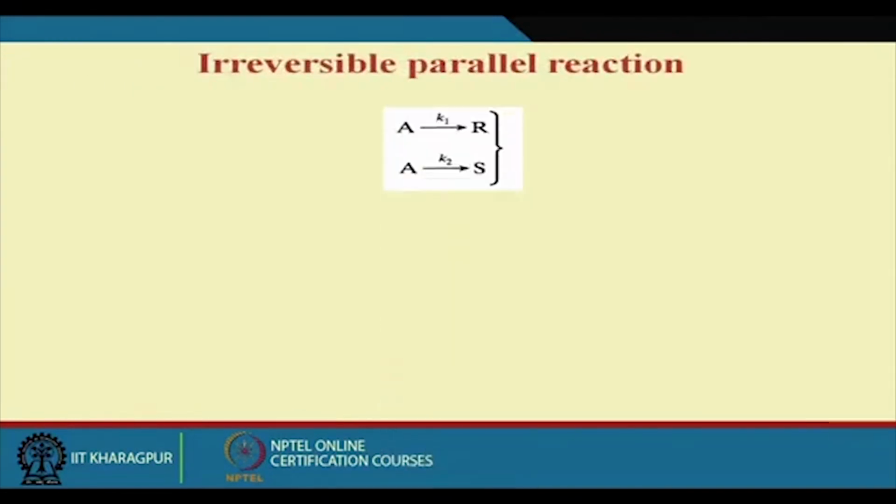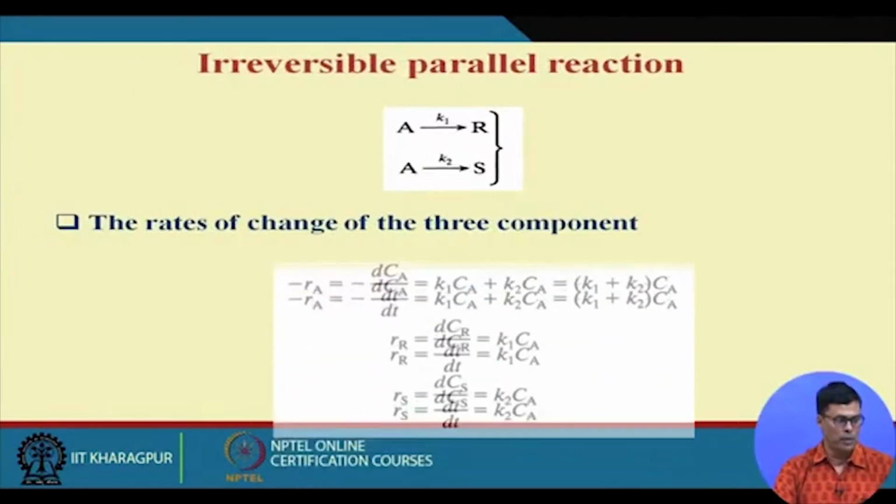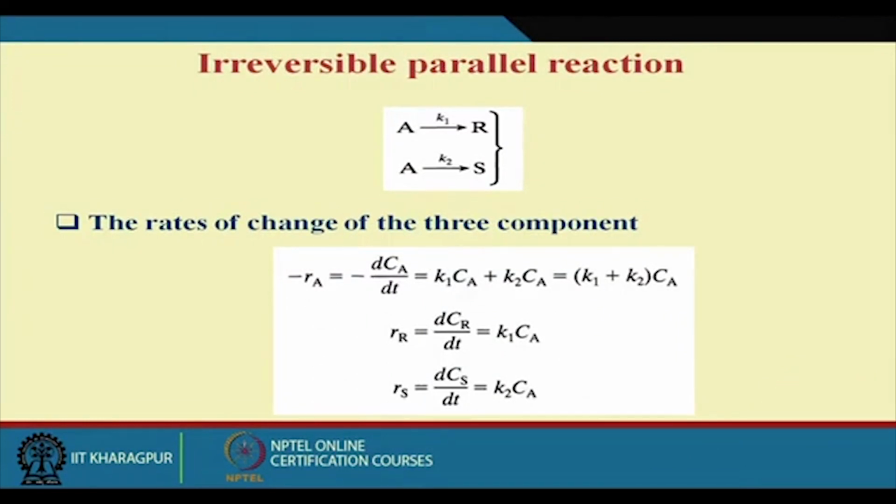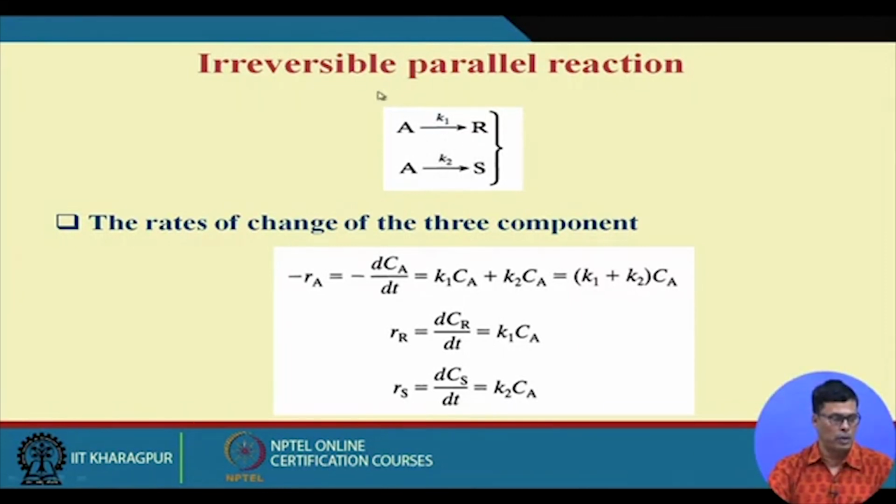You will find another type of reaction, the parallel reaction. Parallel reaction means that the same substrate may produce two different products, R and S. If you have two different products like this, we call it a parallel reaction or side reaction.